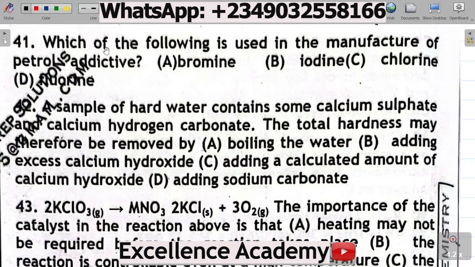Question 41 says, which of the following is used in the manufacture of petrol additive? A. Bromine, B. Iodine, C. Chlorine, D. Fluorine. For this question, the correct answer is C, chlorine.